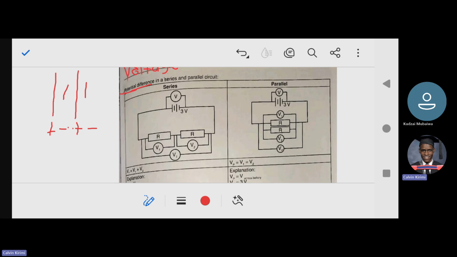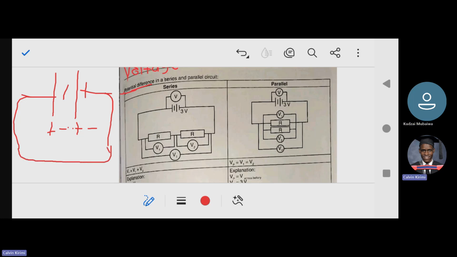So electricity, when it's moving, always starts to move from where? We don't say from the left, but from which terminal to which terminal? From the positive terminal going to the negative.